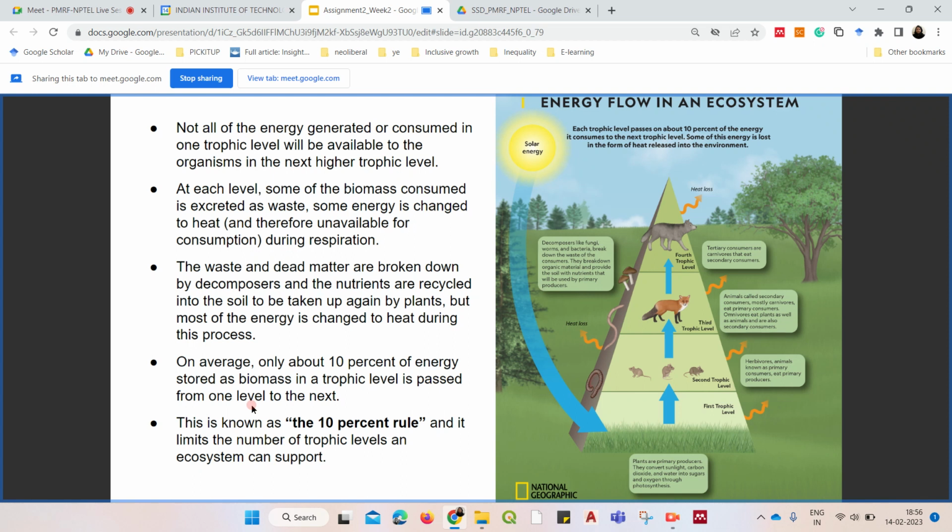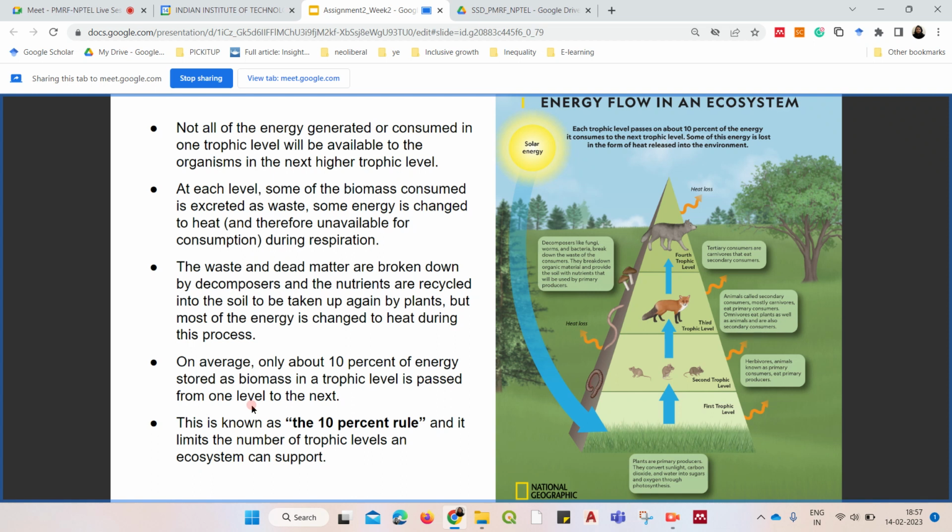What this does is also limit the number of trophic levels that an ecosystem can support. The more biomass is stored in the primary trophic level in any ecosystem, the more trophic levels that ecosystem will have.